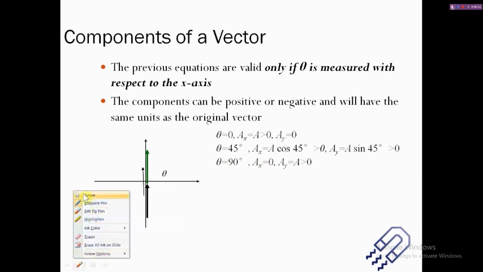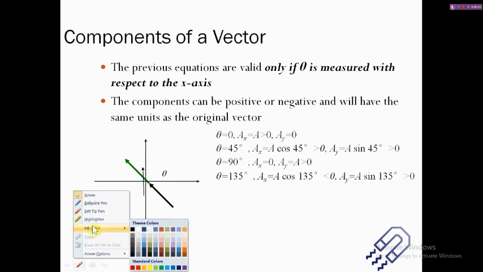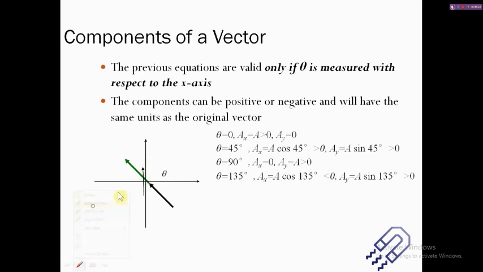Next, let's increase the angle. Now this angle is, let's say, 135. Now you see why it is 135. I hope it is clear. We always take the angle from the origin. If this was 90 degrees, and this is the angle we are considering, it is obviously greater than 90 degrees. So this is nothing but 135 degrees.